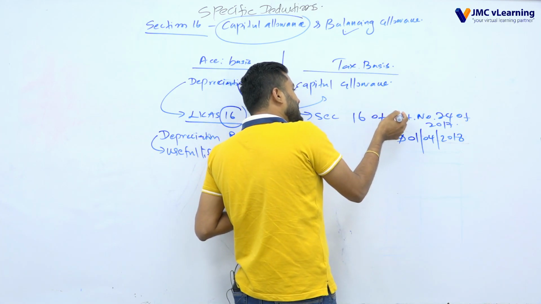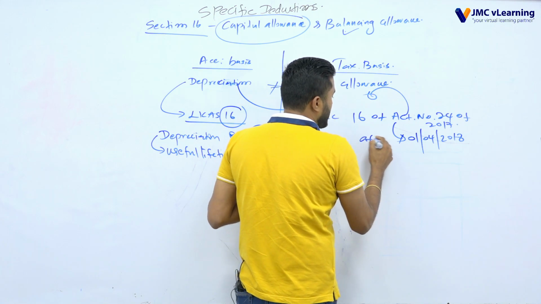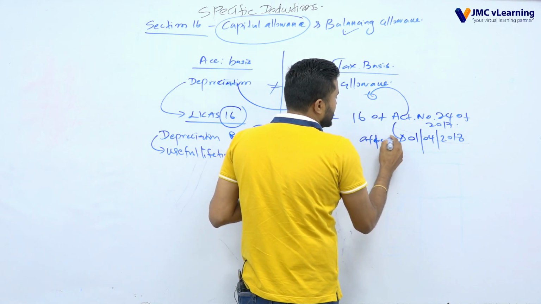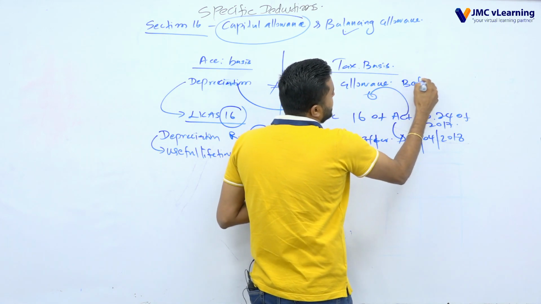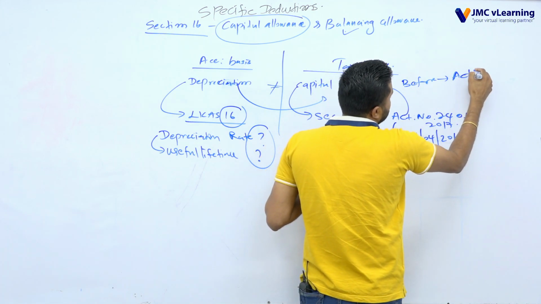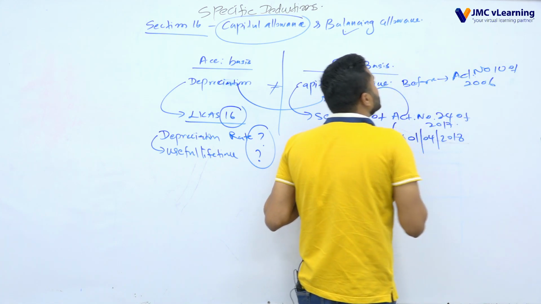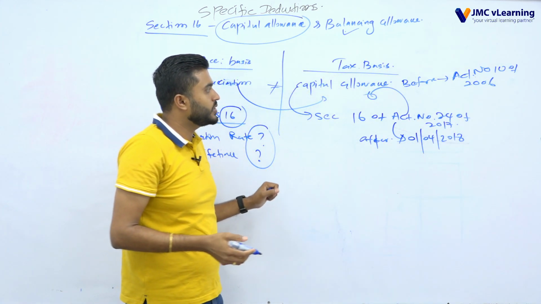So what is the treatment before 1st April 2018? This is after. If it is before, then you have to go with Act number 10 of 2006. That was the old act.